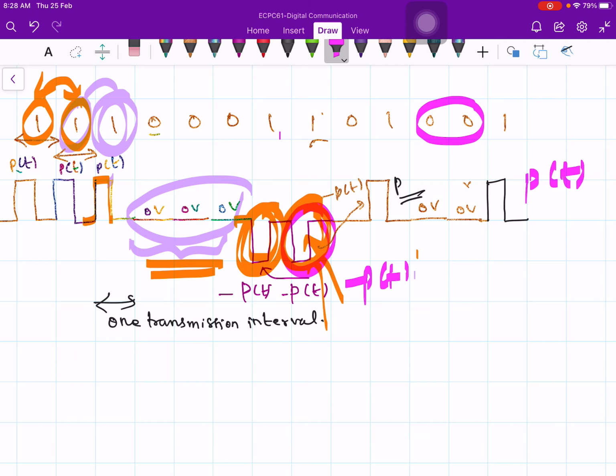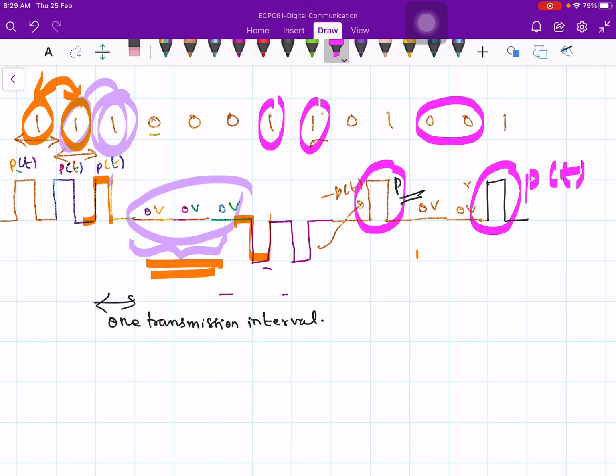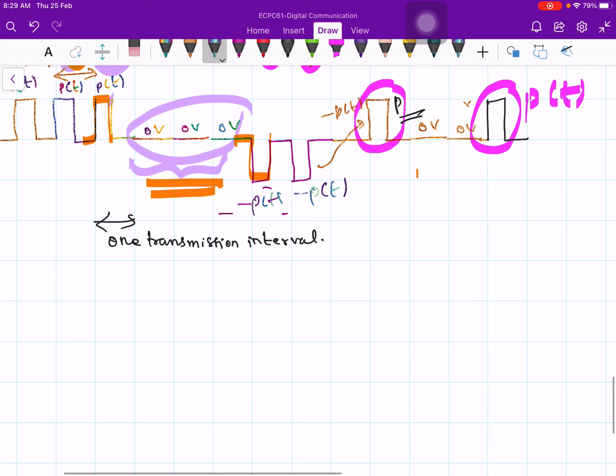So we transmit same polarity p of t and here also p of t. And again if you look at between this digit and this digit, even number of zeros. Again transmit the same polarity. Here also minus p of t and here also minus p of t. Same polarity. Even number, same polarity. Odd number, reverse polarity.